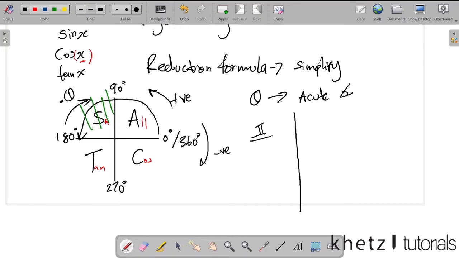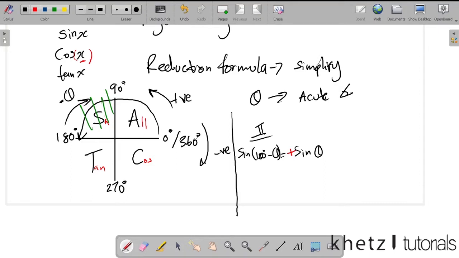And therefore, if we had to do a summary of all of the quadrants, starting with the second quadrant, which is denoted by 180 subtract theta, you therefore have your reduction formula as sine theta, because it's actually positive. So this is positive sine theta.